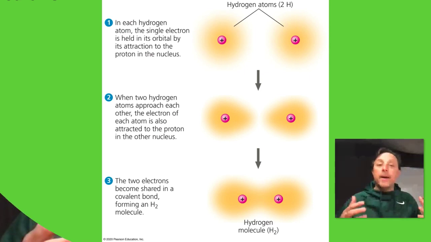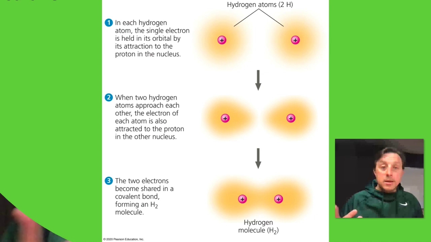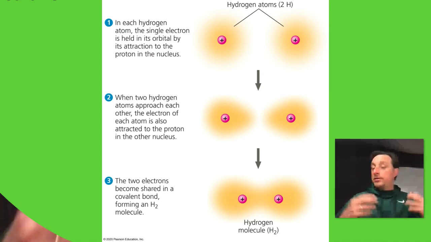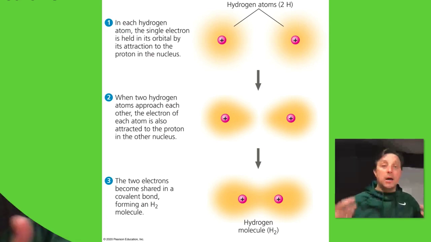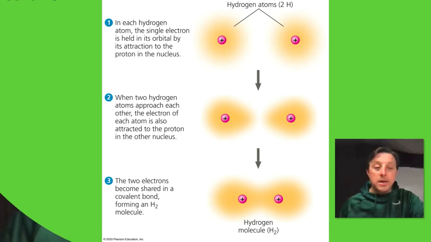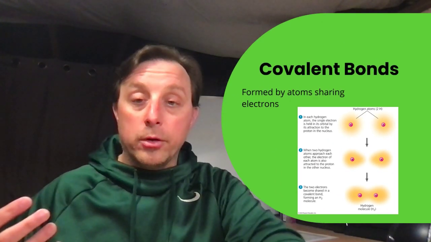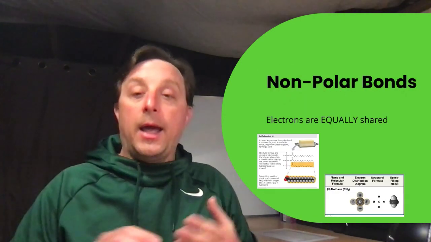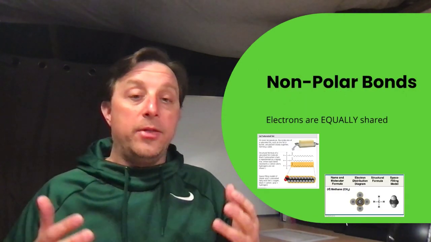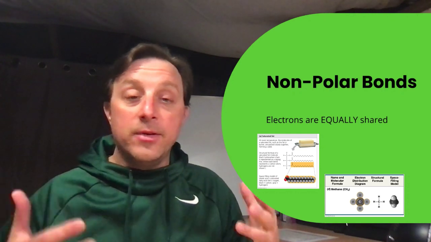Now, when we think about covalent bonds, it's very important to remember that there are two different types of covalent bonds, and these are polar and nonpolar. And again, this has to do with the electronegativity difference.